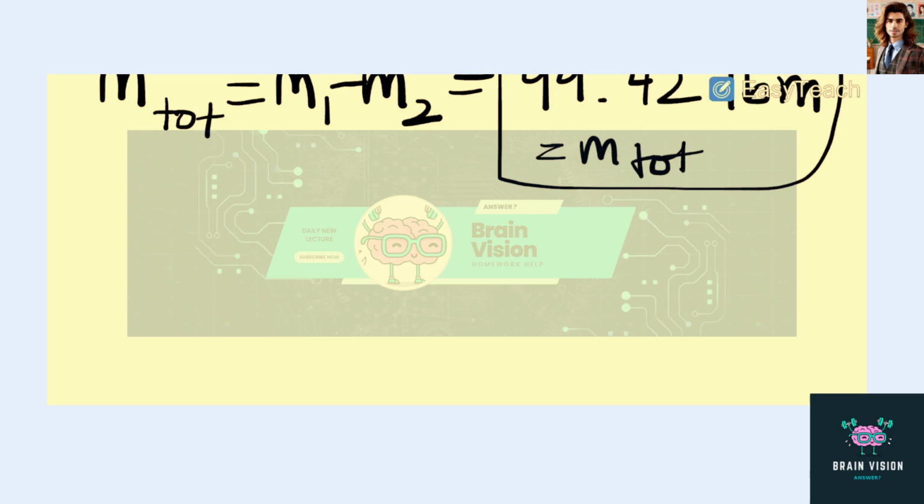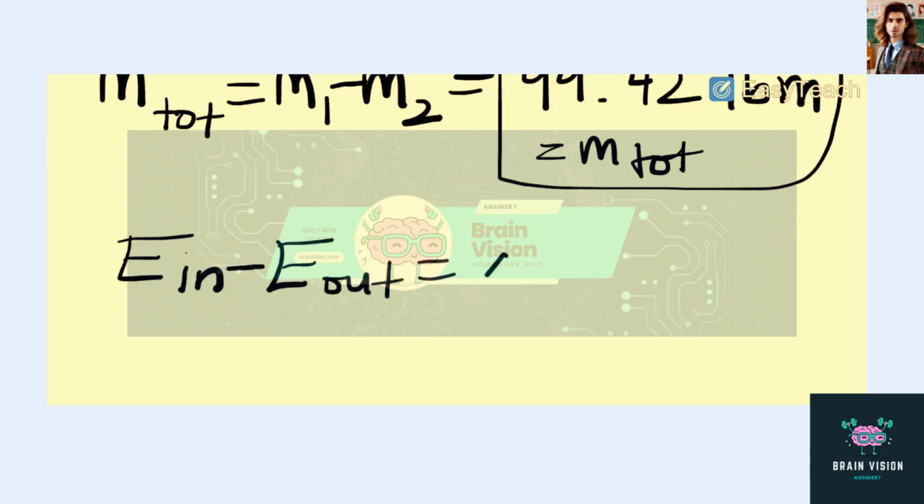We're also asked to find the heat transfer to the tanks. So we'll define the system as our tanks. We can write the energy balance: E in minus E out is equal to the change in energy of the system.